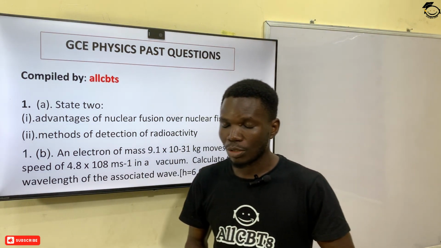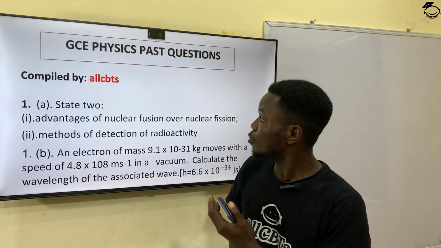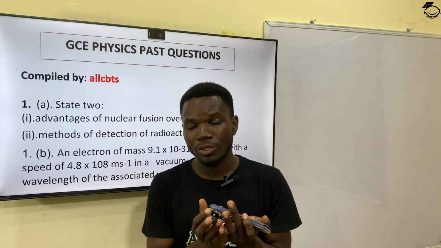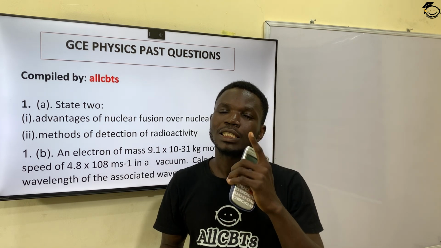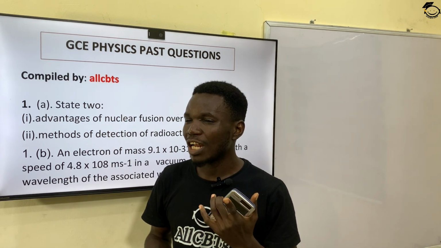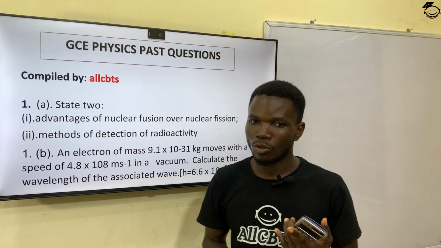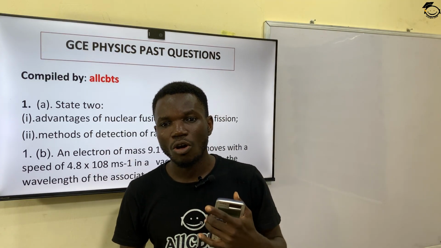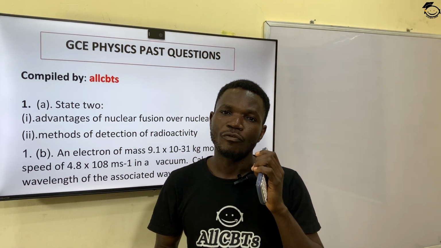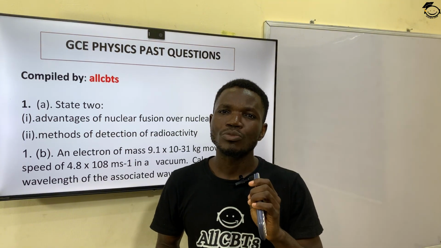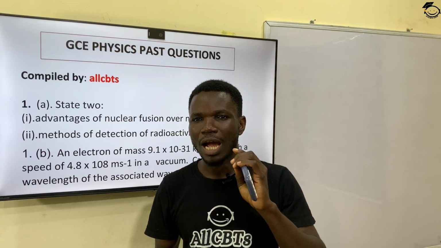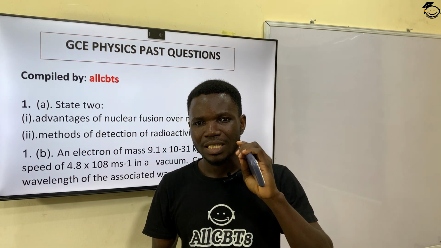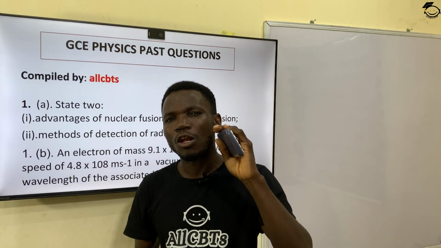So we talked about the fact that nuclear fusion is the combining together of smaller nuclei to form larger ones. So what are the advantages of fusion over fission? Now the first advantage of fusion over fission is that it forms far less radioactive waste, and the waste is less long-lived.